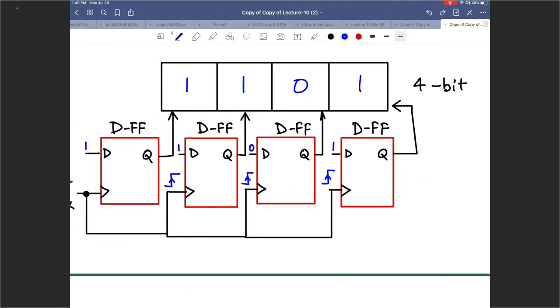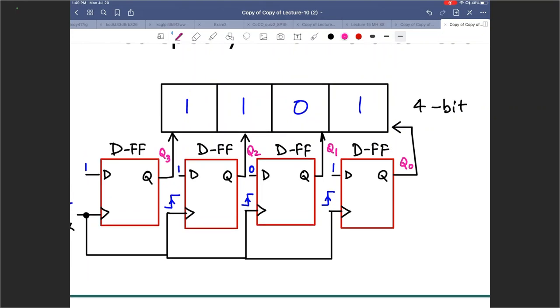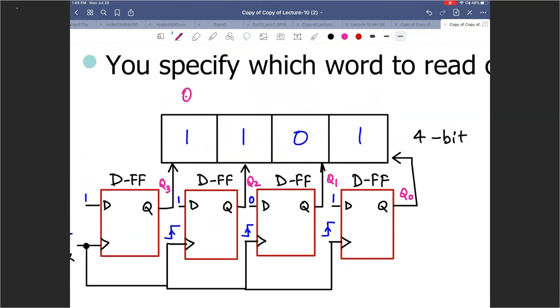The convention is to call the outputs Q. So I will call this Q3 and Q2 and Q1 and Q0, right? So I've got Q3 here and Q2 here and Q1 here and Q0 there. That's how I build a 4-bit register using 4 D flip-flops.